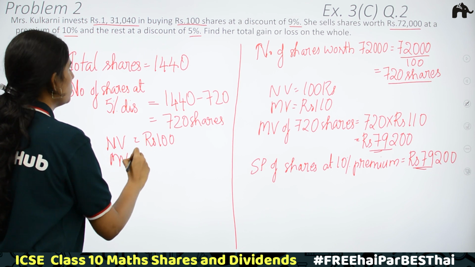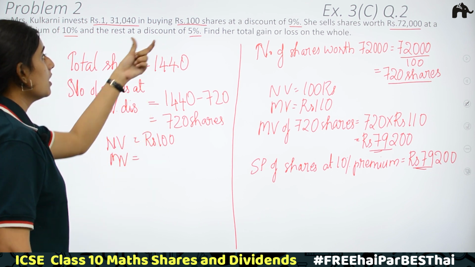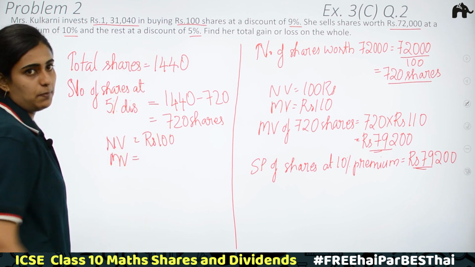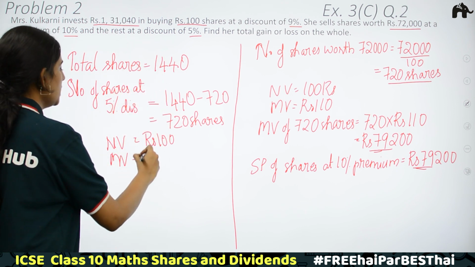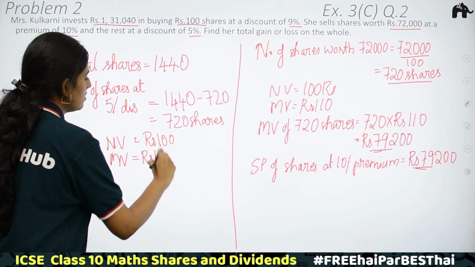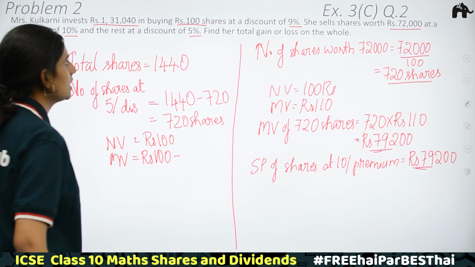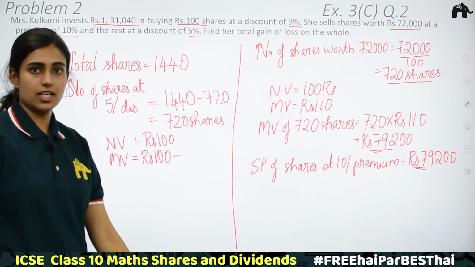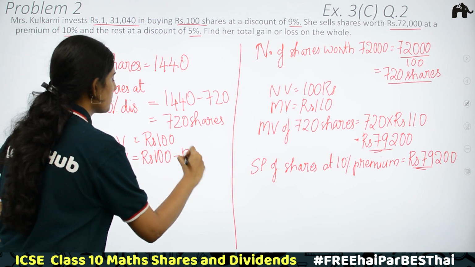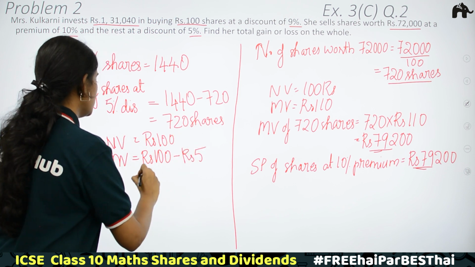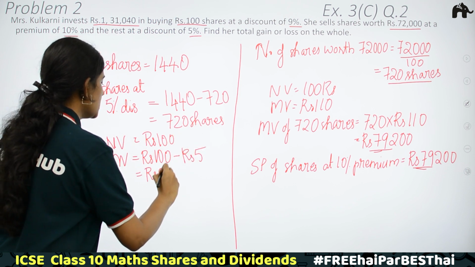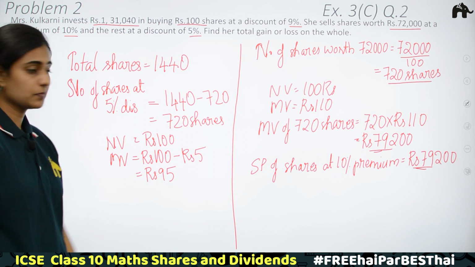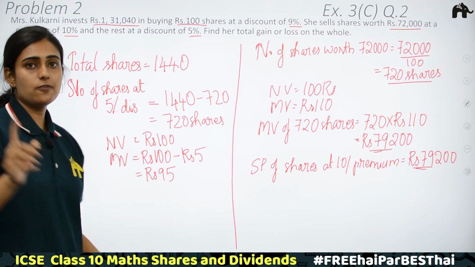Market value: we have the discount percentage given, that is 5%. Market value means nominal value rupees 100 minus discount 5% of rupees 100, which is rupees 5. That is rupees 95. Yes, we got the market value for one share.